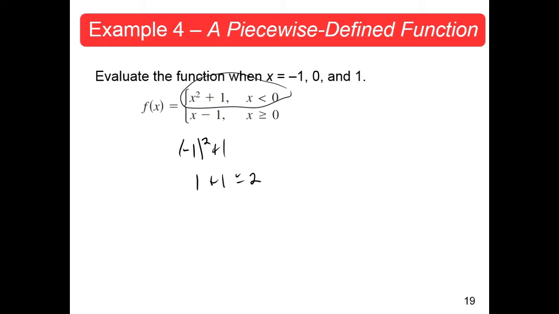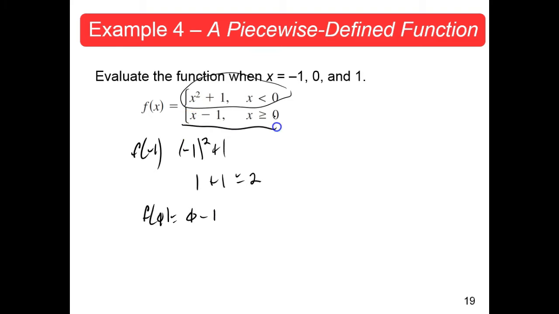How about x equals 0? You use the second equation because the first one is for x less than 0. This includes 0. The equal is there. So what would it be there? And by the way, how we write this is f of -1. F of 0 is 0 minus 1.